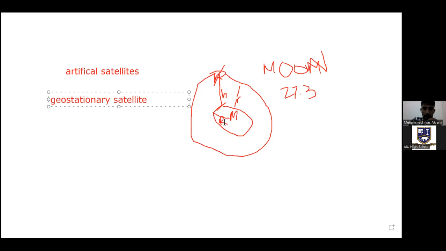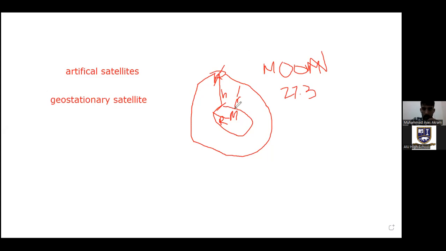Geo means Earth, and stationary means they are always constant relative to the motion of the Earth. As the Earth moves, the satellite also moves in that direction. As for the Earth, we can consider the point here as the yellow point.